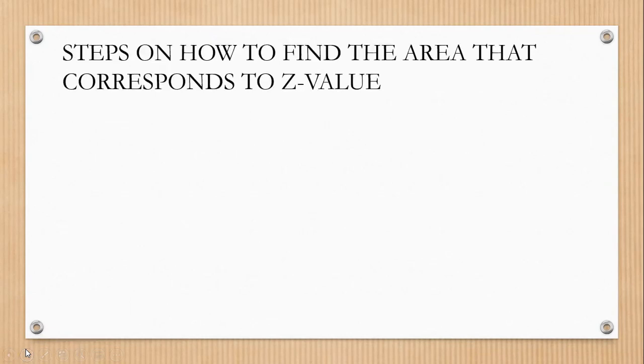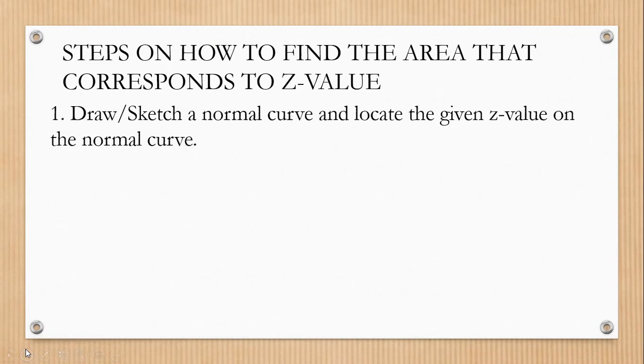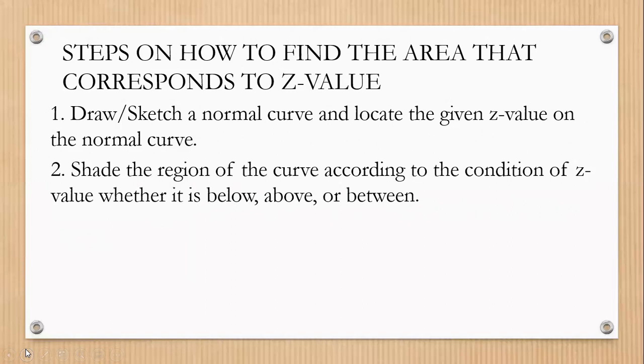So here are the steps on how to find the area that corresponds to a z value. First, you need to draw or sketch a normal curve and locate the given z value on the normal curve. So you need to draw the bell shape, or the normal curve. Then you need to shade the region of the curve according to the condition of the z value, whether it is below, above, between, to the right, to the left, or within two z values.